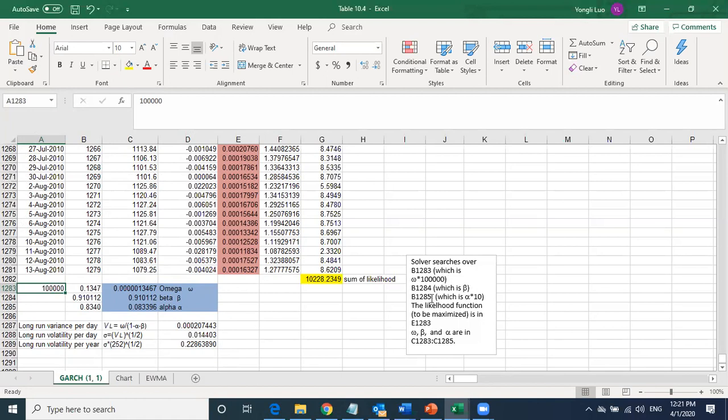For the beta, it's exactly the same, so it's only times 1. But for the alpha, you have to times 10. That's how you estimate alpha, which is going to be the estimate number minus 0.08. So that's alpha.